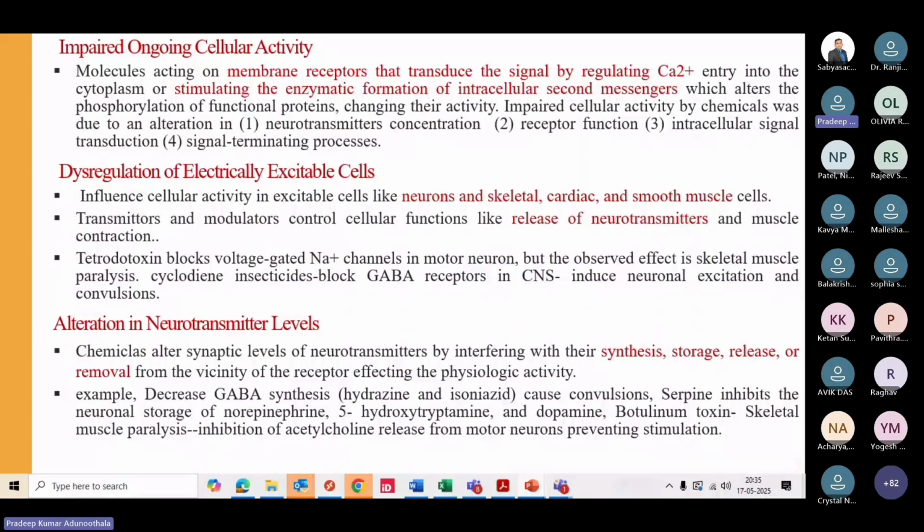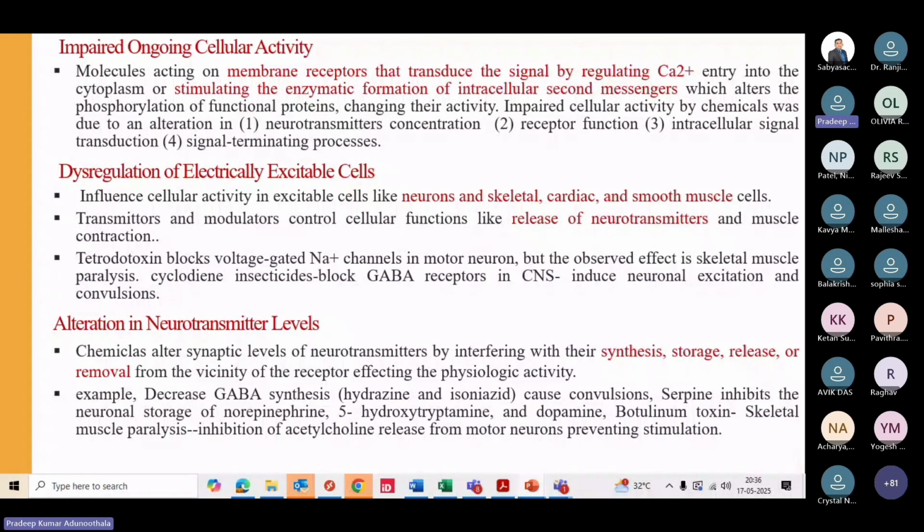Coming to impaired ongoing cellular activity, where the ongoing control of the specialized cells is exerted by signaling molecules which act on the membrane receptors that transduce the signal by regulating the calcium entry into the cells, that also stimulates the enzymatic formation of intracellular second messengers. So these alter the phosphorylation of functional proteins and change the activity of the proteins.